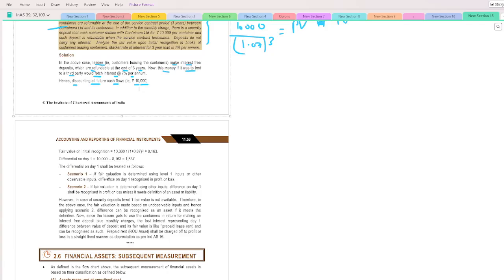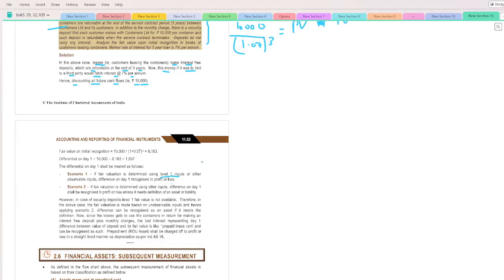Now if the fair valuation is determined using a level 1 input, level 1 input, I don't know why it is not coming. Just a minute. Yes, level 1 input.